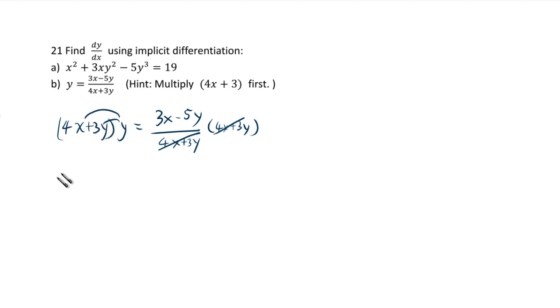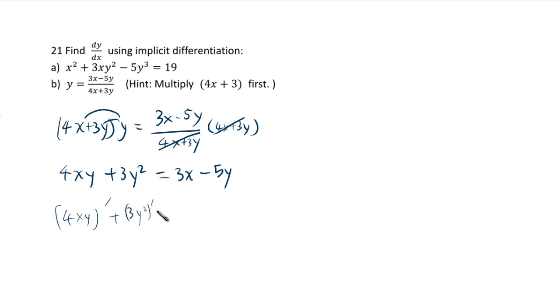Let's multiply this out. You get 4xy plus 3y squared equals 3x minus 5y. And we differentiate everything. So 4xy gets differentiated, 3y squared gets differentiated, 3x gets differentiated, 5y gets differentiated. And all of these, when you differentiate, remember y is a function of x, right?